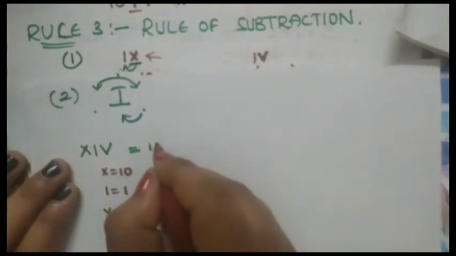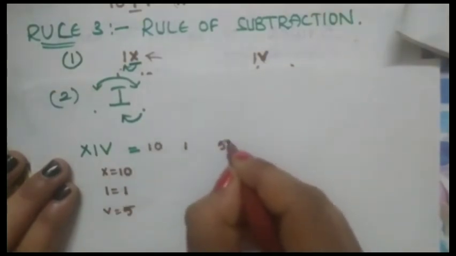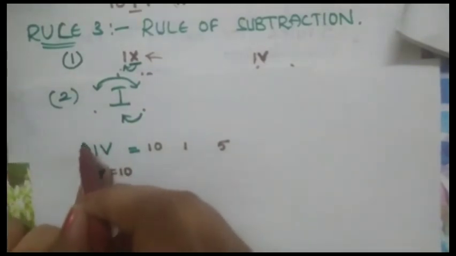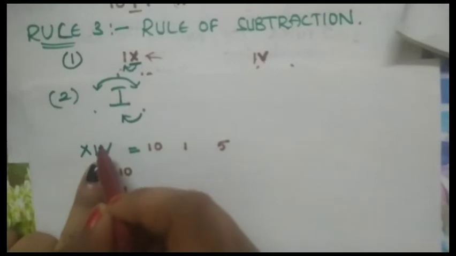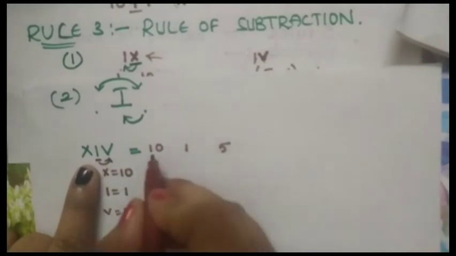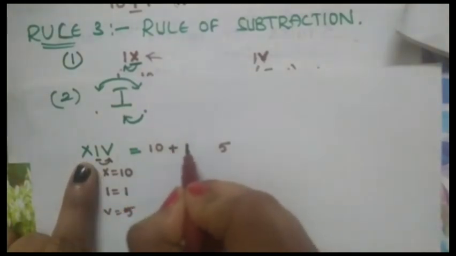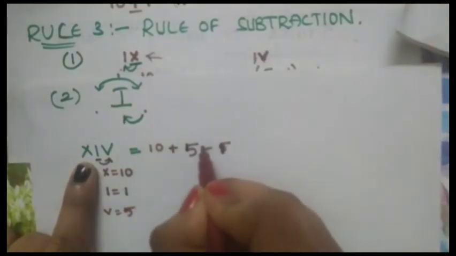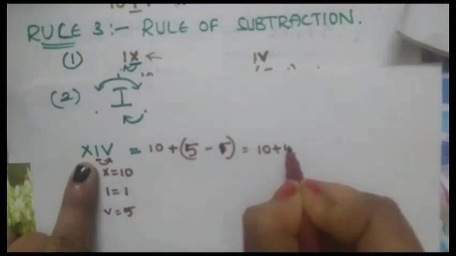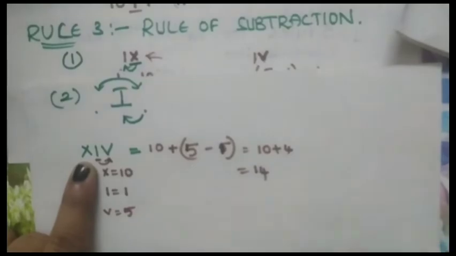So I is placed between two numerals of greater value, and it is subtracted from the numeral on the right side. We write 10 as it is, then 5 minus 1 is 4. 10 plus 4 is 14.